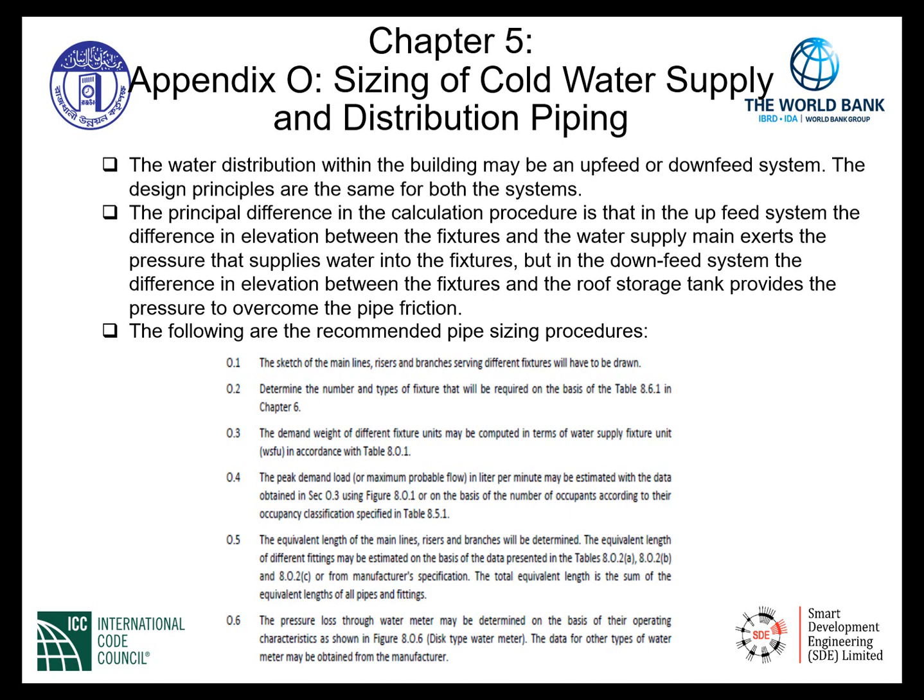Again, this water meter equipment definitely has a pressure drop, and we need to know what the pressure drop is, because this is a loss in pressure that needs to be accounted for when we are designing our cold water supply piping system.